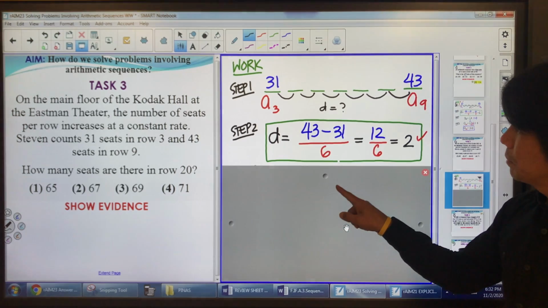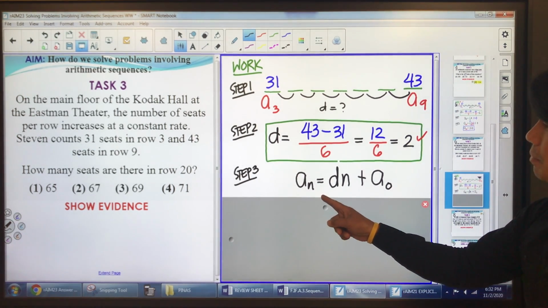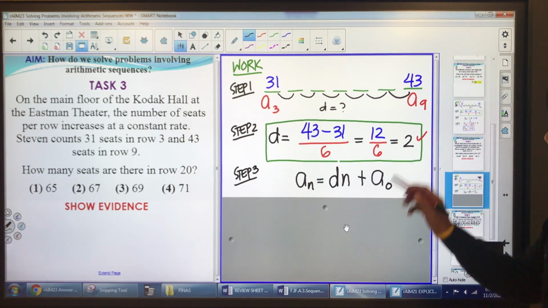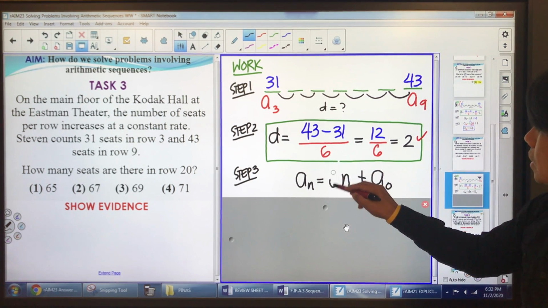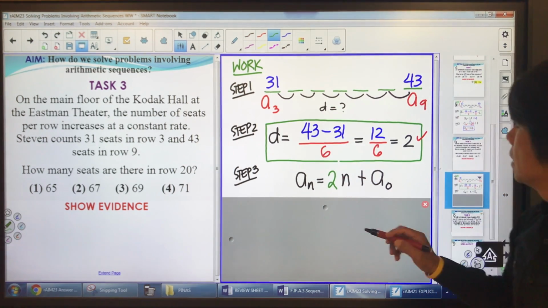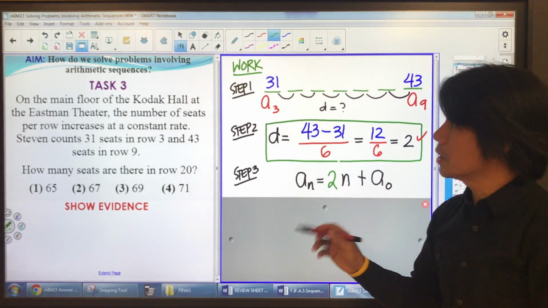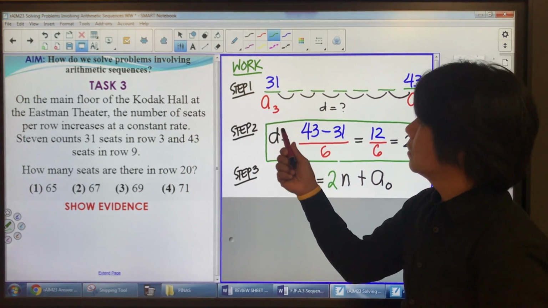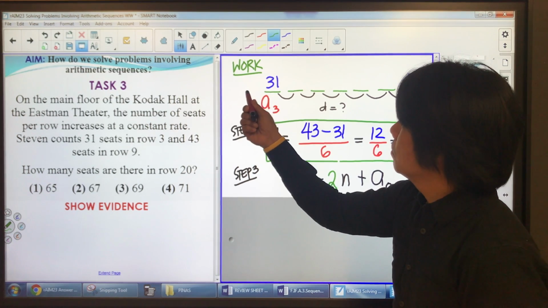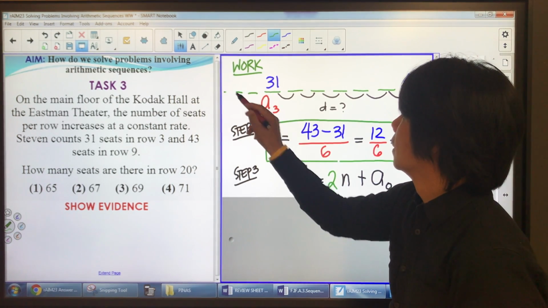Moving forward to step 3, we need to write the equation. Remember a sub n is equal to dn plus a sub 0. So we already know d is 2, right? Let's write it down here. And a sub 0 is your zero term. Take note, guys, this is a sub 3, right? So we need to move back 3 more steps. Why?